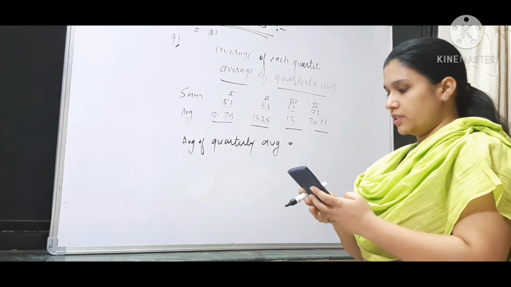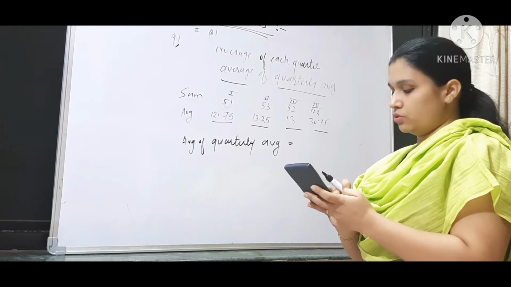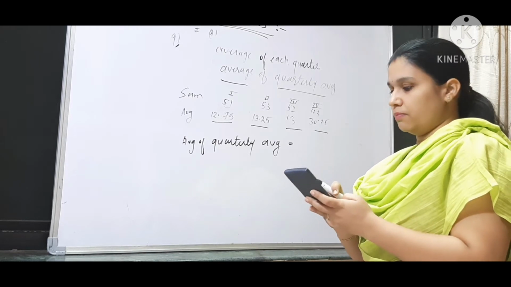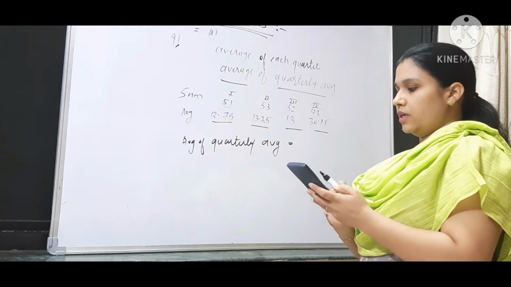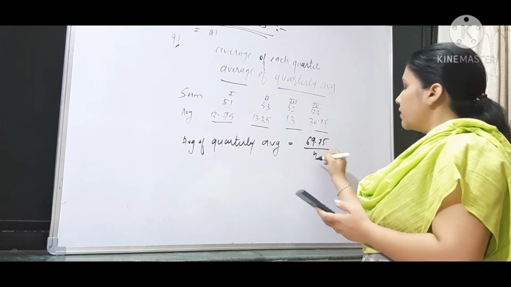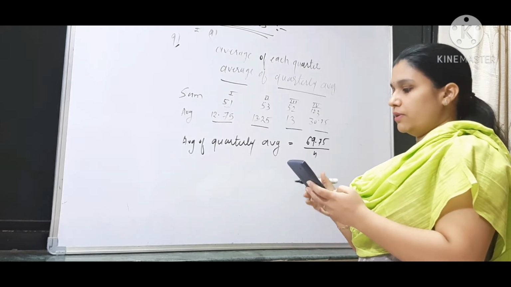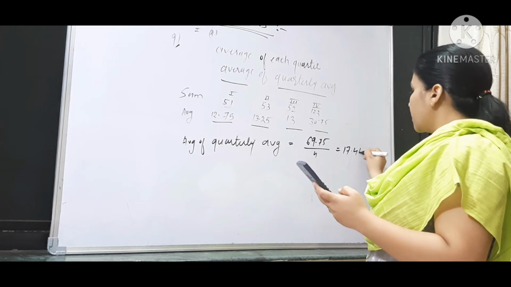So 12.75 plus 13.25 plus 13 plus 30.75 is 69.75, and if we divide it by 4, it will be 17.4375. We can write it as 17.44.